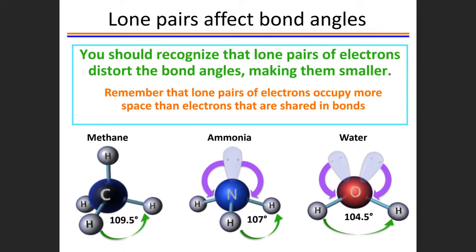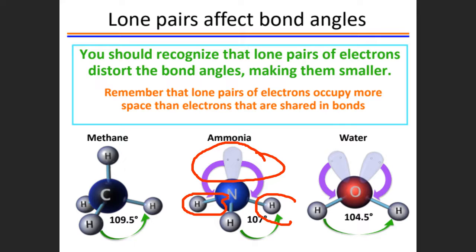So if you have lone pair electrons, they take more space than the electrons shared in a bond. So the lone pair will take more space than the electrons that already make a bond. So we should recognize that lone pairs of electrons distort the bond angles, making them smaller. So we have to find that.